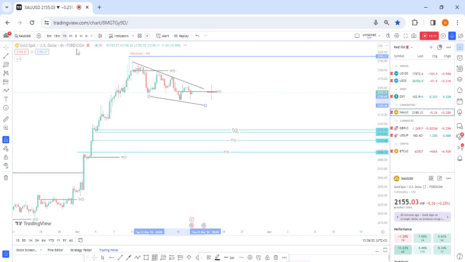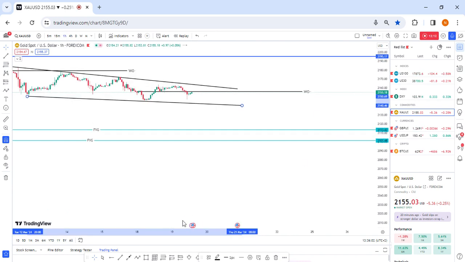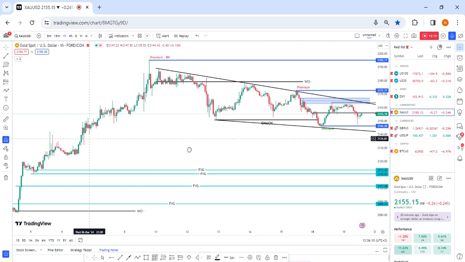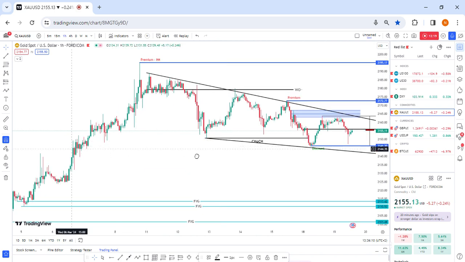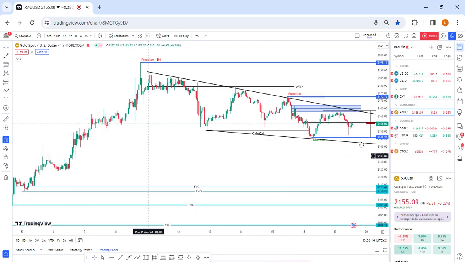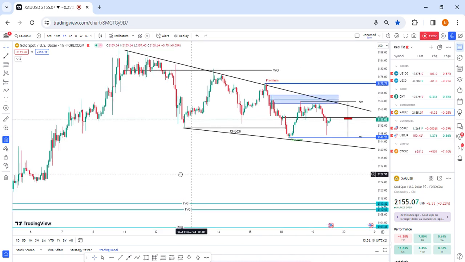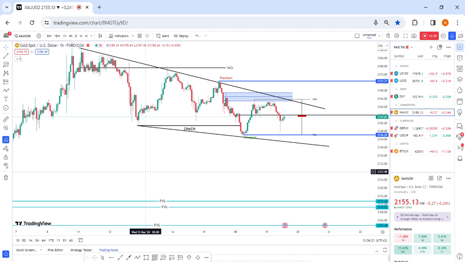Let's see what's happening on the lower time frame, 1 hour. Same thing. Price opened bearish, went up into this OTE area.